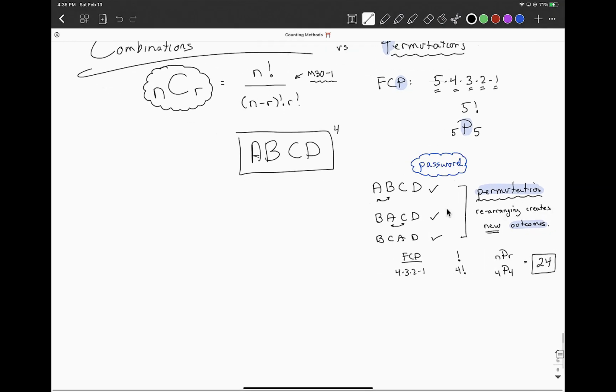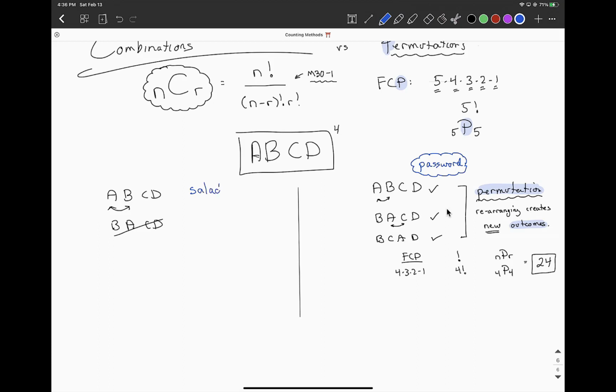However, if I was to create a different story, and in this story moving these around doesn't change anything. Well, that doesn't change anything. Like a salad. And these are ingredients.